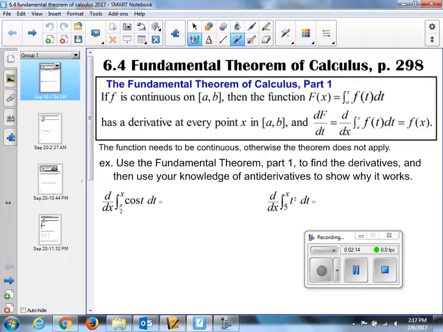Now just jot this down first, if you want here. This capital F is an antiderivative. I'm running out of space there.